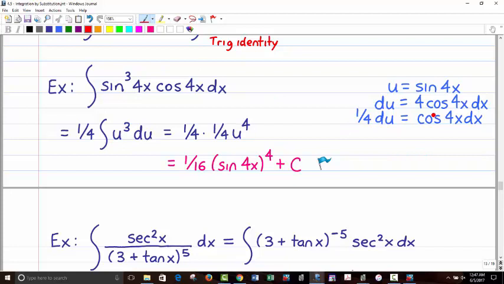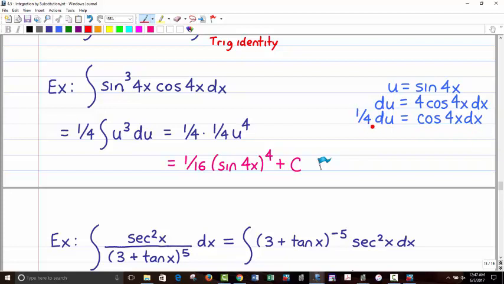Now, very important, we've got to remember our chain rule. The derivative of sine 4x is not cosine of 4x. That's close, but it's 4 cosine of 4x, because of the chain rule. Obviously, that's very important. So therefore, it's 4 cos 4x, so we divide both sides by 4, and we have 1/4 du equals cos 4x dx.